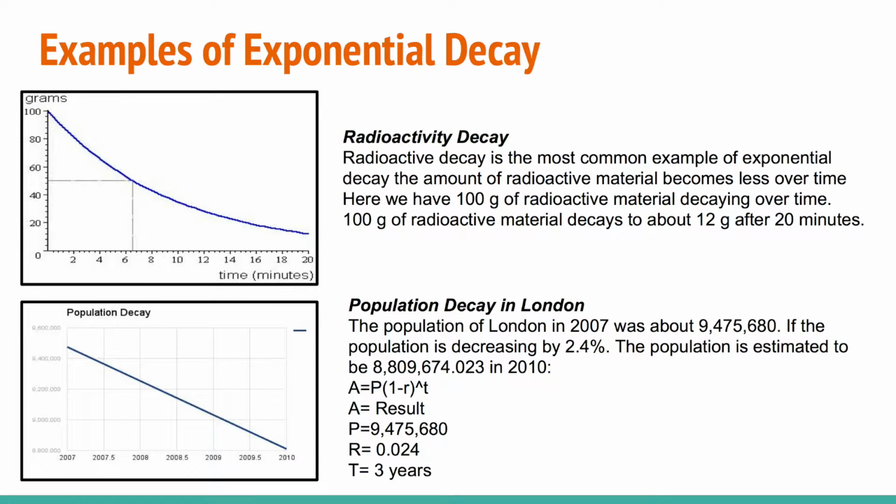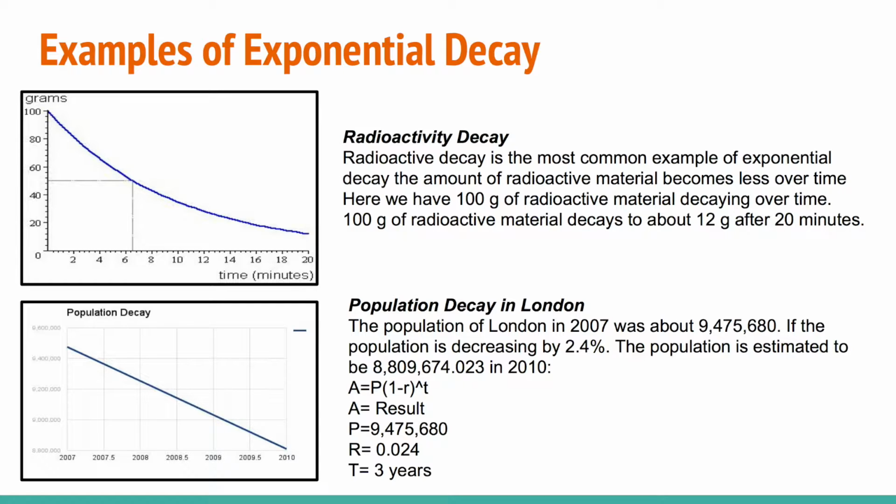An example of exponential decay is that if the population of London in 2007 was 9,475,680 and is decreasing by a rate of 2.4, and we want to get the population in 2010, we need to apply the population decay formula, which is: estimated population equals current population times 1 minus the rate, to the t power.